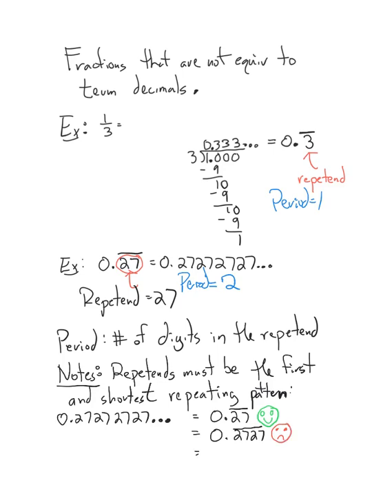So that's no good, and neither is this 0.272727. We could have had a repetend start earlier, so that's no good either. So that is the period and the repetend, just to talk about a nice way of writing repeating decimals.